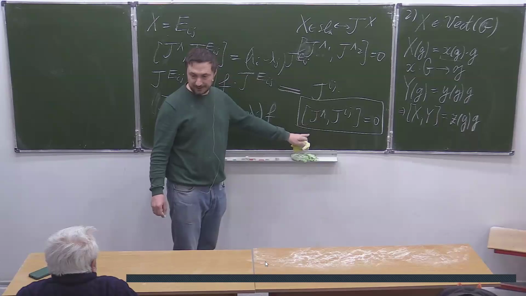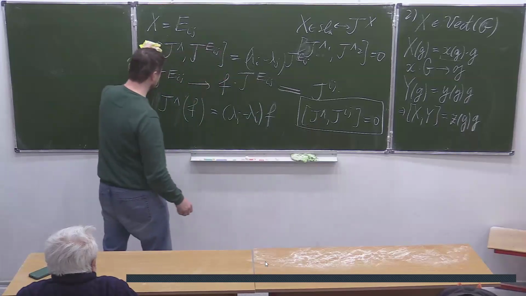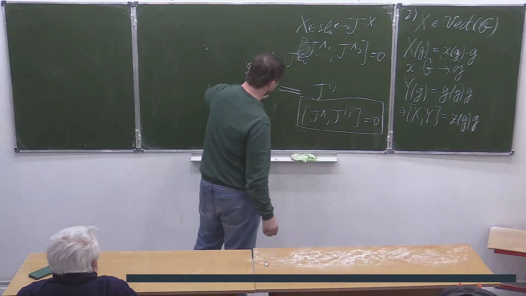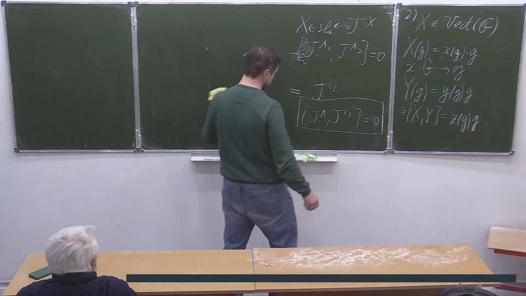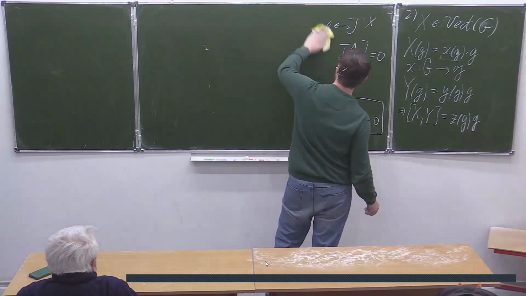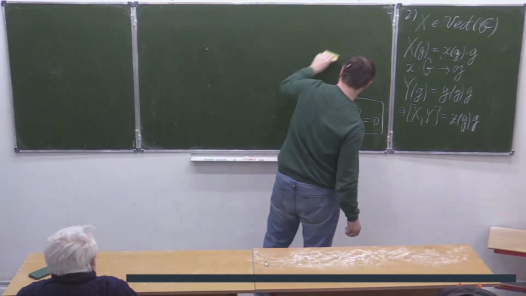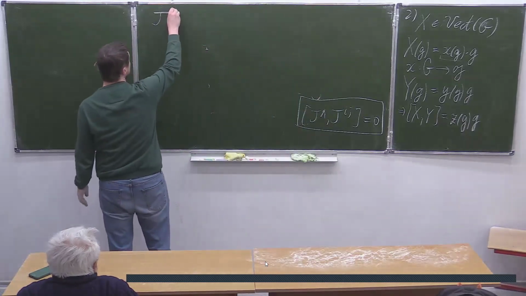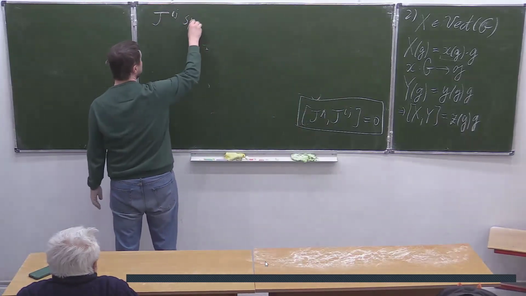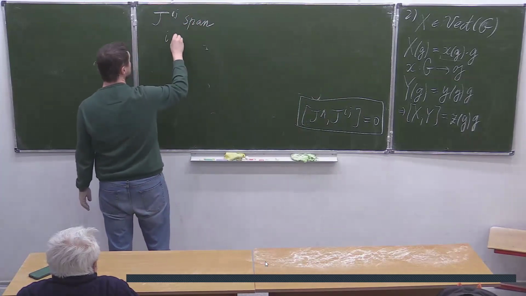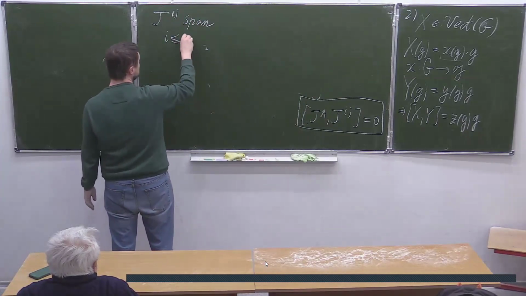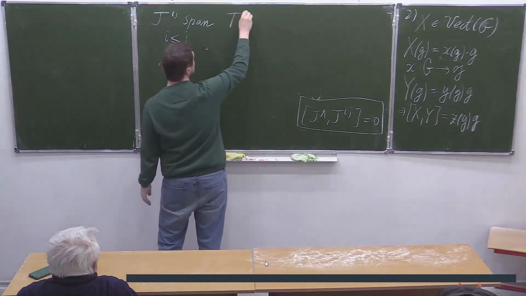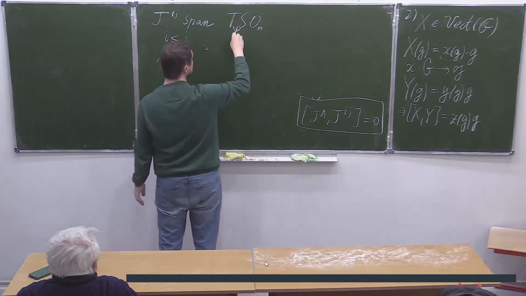I also forgot to say that at a generic point on SON, these vector fields span the whole space. So Tij, for i less or equal to j, span TSON at a generic point psi.